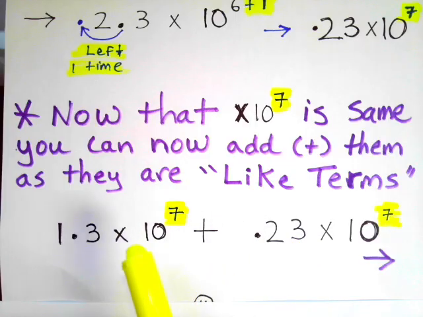Now I can add both of these, but remember, the very beginning of this test question said clearly you're not allowed to use a calculator. So we're going to have to manually add 1.3 or 1 3/10 plus 23 hundredths or 0.23. I'm going to show you how to do that in the next video if you don't know already. I'm going to show you the final answer, and I'm also going to show you the language you can use to practice all of these skills by doing an internet search for some worksheets with answers.